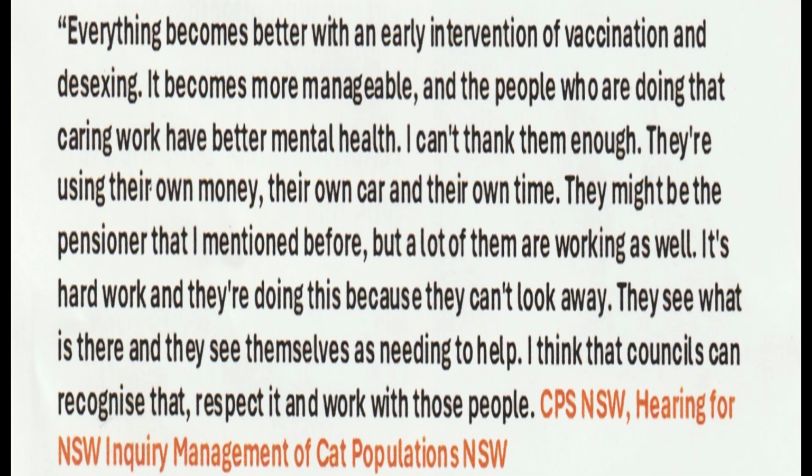They're using their own money, their own car, and their own time. They might be the pensioner that I mentioned before, but a lot of them are working as well. It's hard work, and they're doing this because they can't look away. They see what is there, and they see themselves as needing to help. I think that councils can recognize that, respect it, and work with those people."